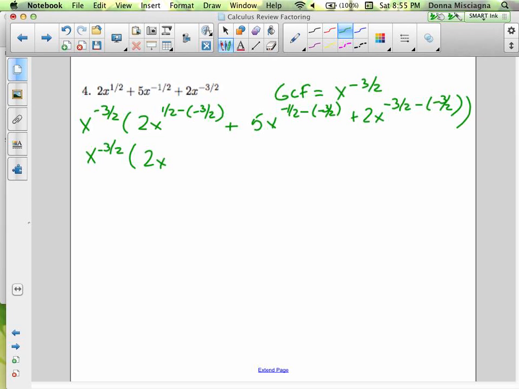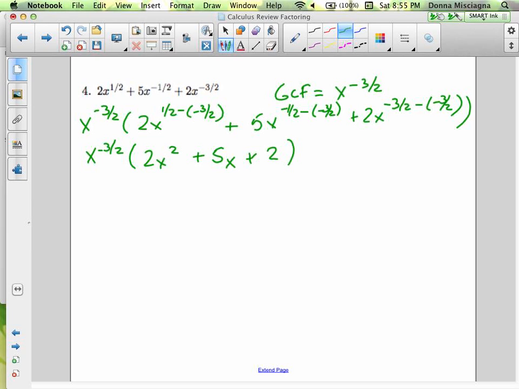Can we all agree that's 2x squared? Then plus 5x, because negative 1/2 plus 3/2 is 2/2, and that's just 1. And negative 3/2 plus 3/2 is 0. Anything to the 0 power is 1, so that's just going to be plus 2.